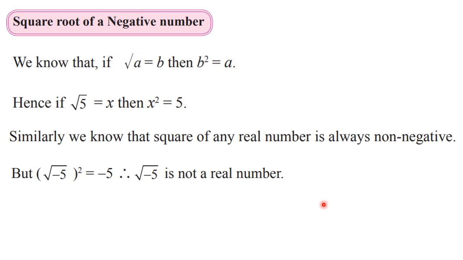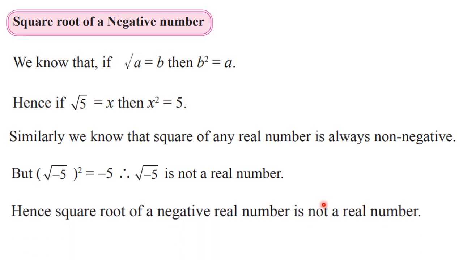So the square root of a negative number does not exist, that you have to keep in mind. What we can say is that the square root of a negative real number is not a real number. We are thinking only about real numbers. In higher standards, you are going to study different types of numbers like complex numbers.